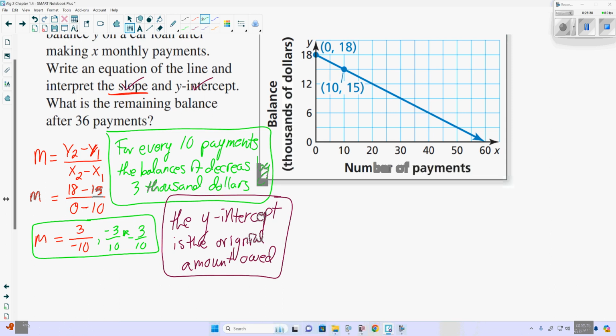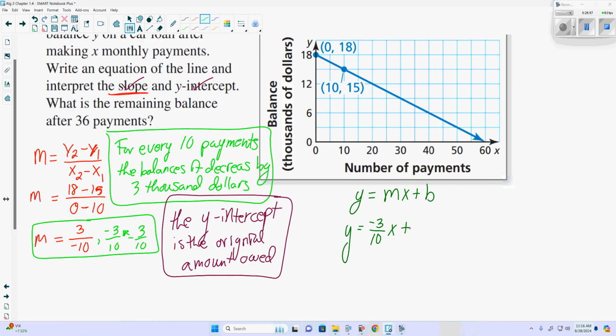Y-intercept done. Now we need to find the equation of a line. Well, again, we have the y-intercept, yes? It's told us to be (0, 18). So we can use y equals mx plus b. The slope was given to us as -3/10.